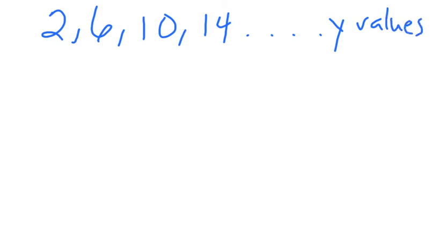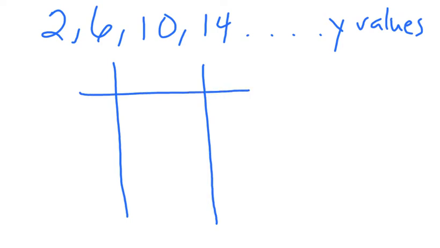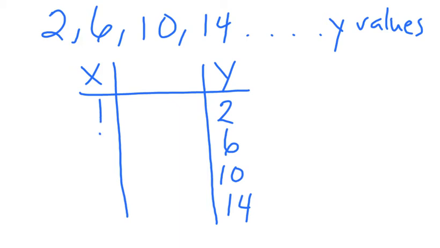So I'm going to make my kind of spread out input-output table. Put my y's in, 2, 6, 10, 14. Put my x's in, which are always going to be 1 for the first term, 2 for the second term, 3 for the third term, 4 for the fourth term.